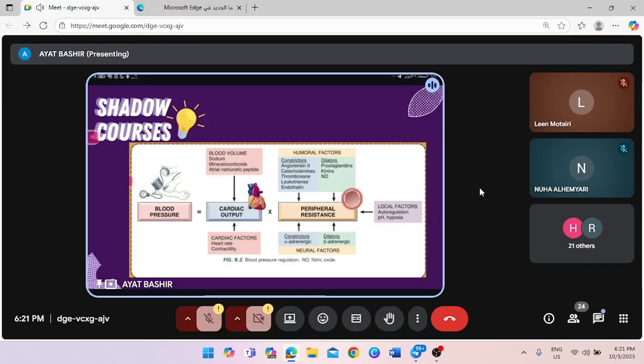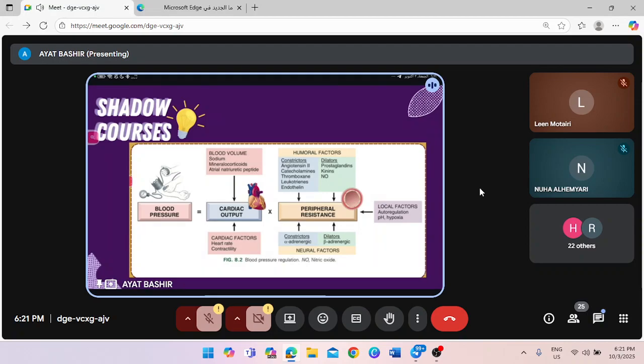If there is excess sodium or mineralocorticoids, and atrial natriuretic peptide, this is the thing that affects the blood volume. As we talked about the atrial natriuretic peptide before, in the short-term regulation, it acts on the blood volume, not pressure. And also we have cardiac factors, which are the heart rate and the contractility of the heart itself.